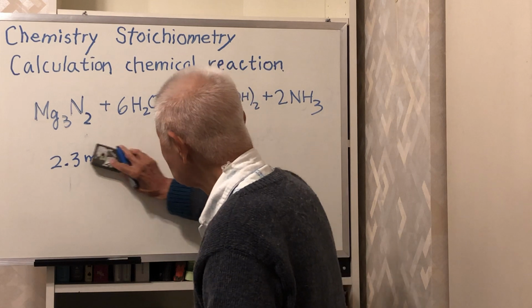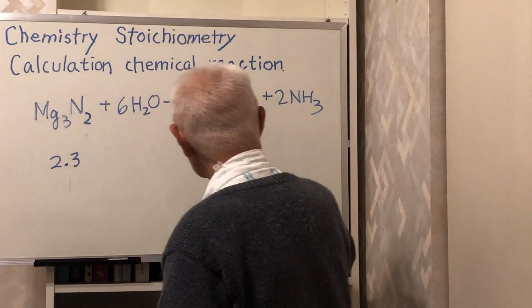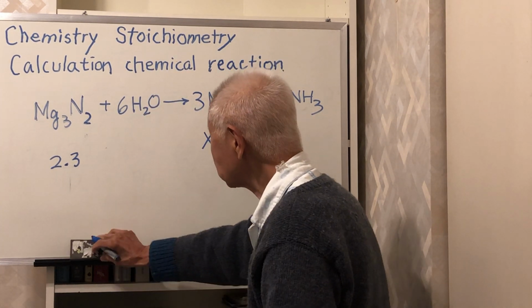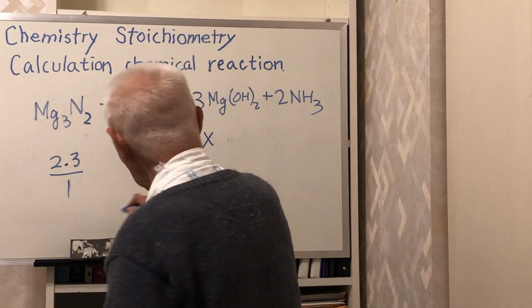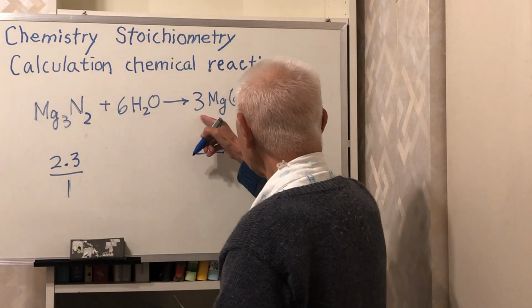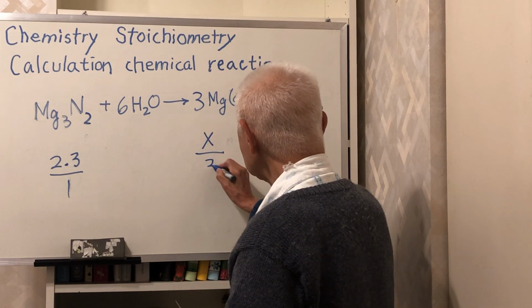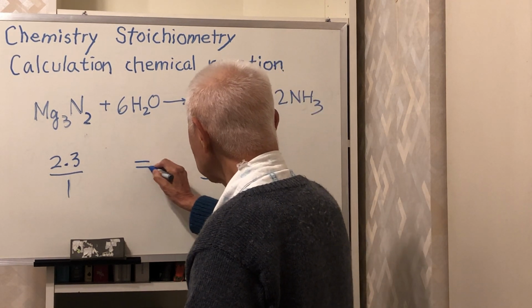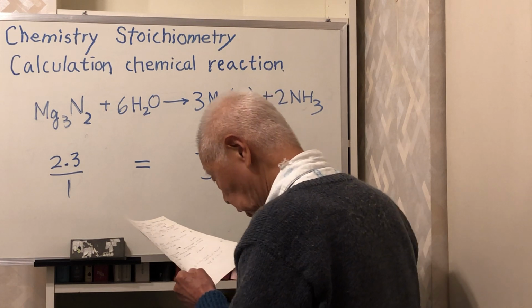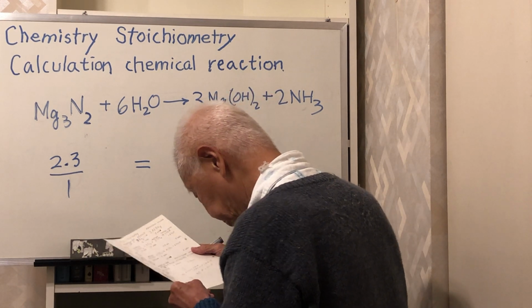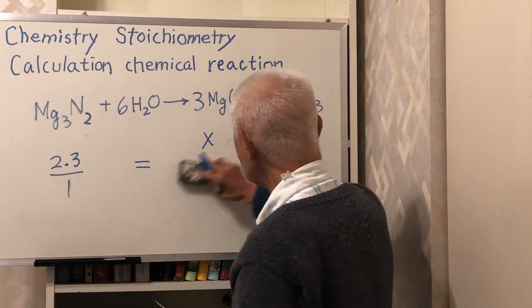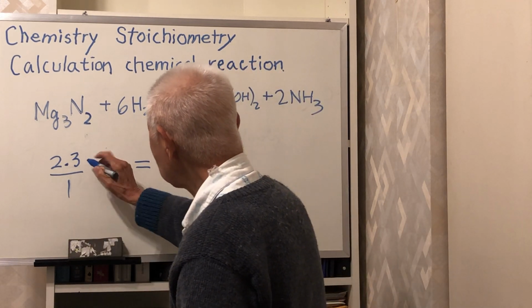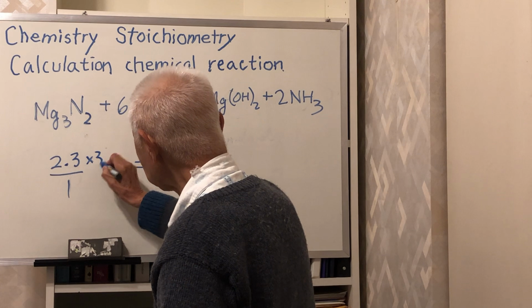So, do moles first. So this is 1, so 2.3 divided by 1, x divided by this 3, and let them equal to each other. Then I have move the 3 to this side and multiply 3.